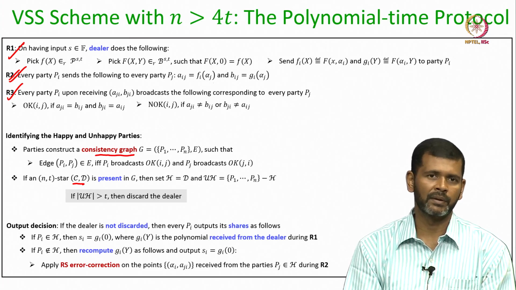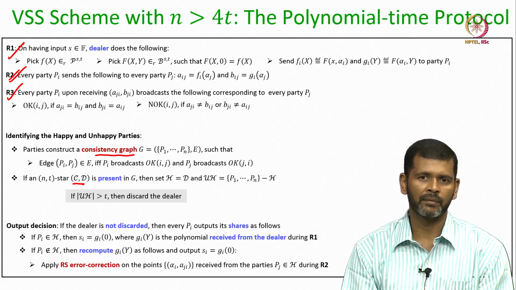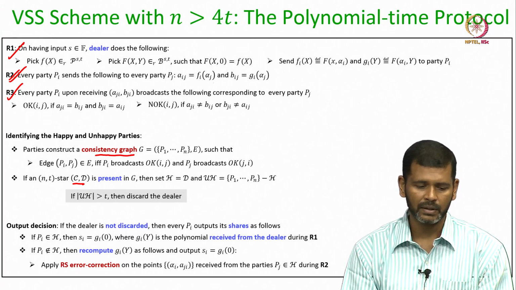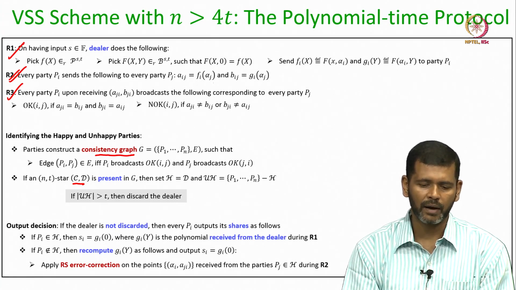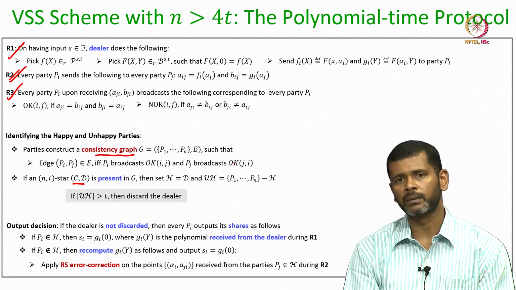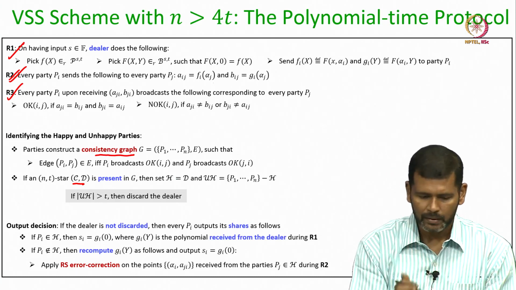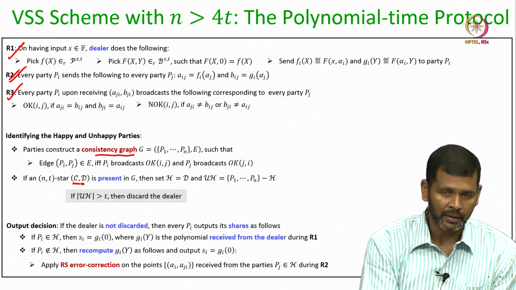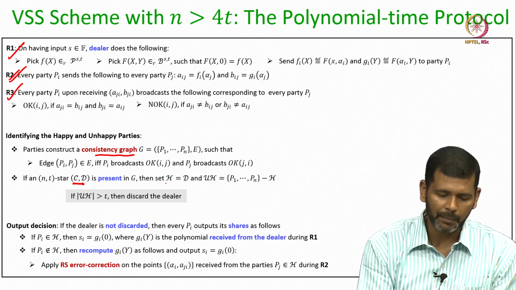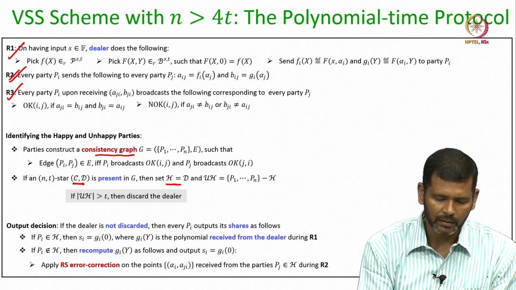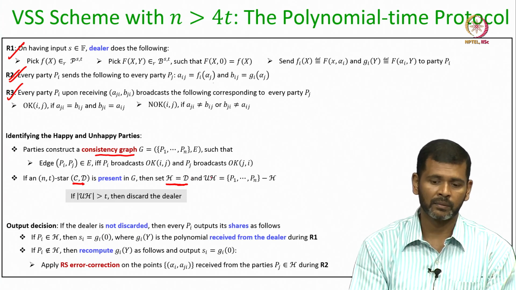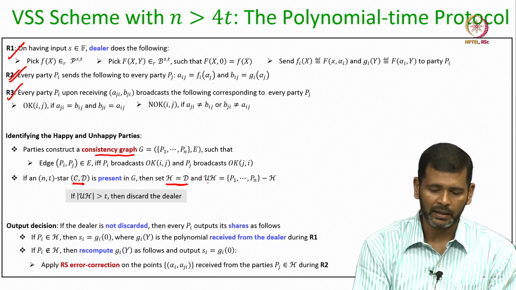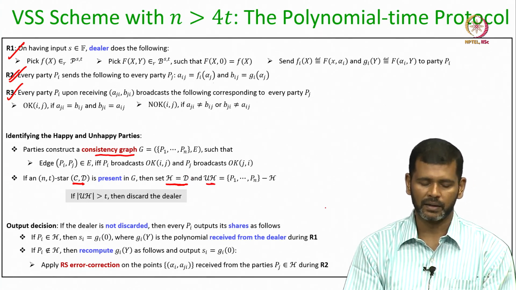We use the previous algorithm, the algorithm which we have for finding the NT star in the graph. We check whether there exists some NT star in the graph, and if that algorithm outputs an NT star, namely a C component and a D component, then the set of happy parties is the parties representing the nodes in the D component of the star, and the unhappy parties will be the remaining parties.